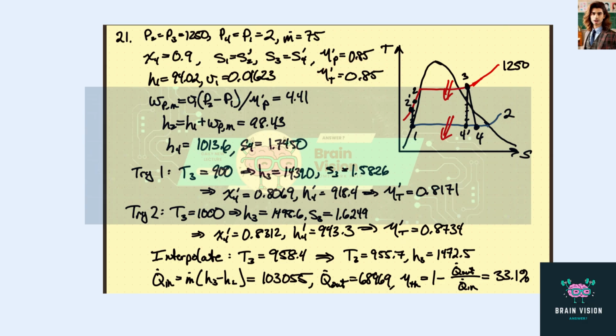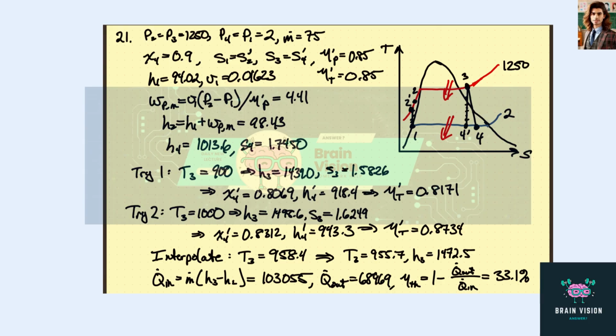If you play around with this a little bit, you realize that to increase this, you need to increase the temperature, which isn't surprising, because just for a Carnot cycle, the higher the high temperature, the more efficient it will be. So let's go up to 1,000 degrees Fahrenheit.